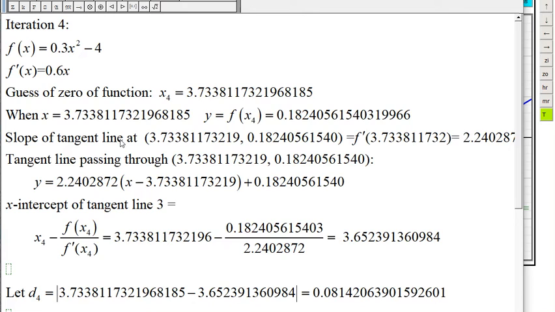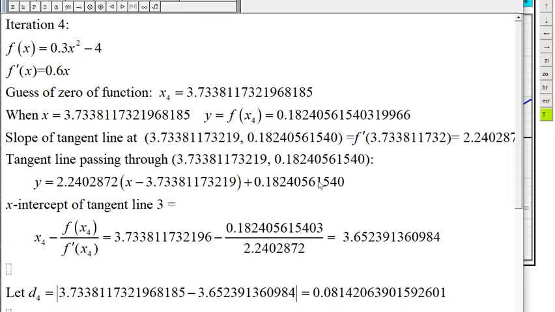The slope of the fourth tangent line is the derivative evaluated at 3.7338, and that comes out to be 2.24. And so the equation of the fourth tangent line would be y equals 2.24, which is the slope of the tangent line, times x minus 3.73, plus 0.18.